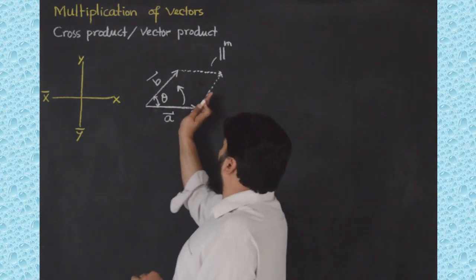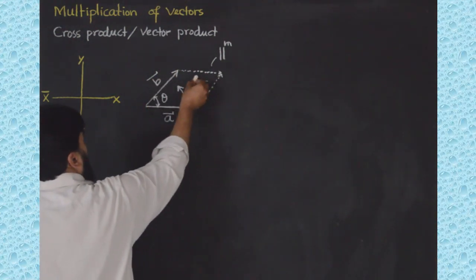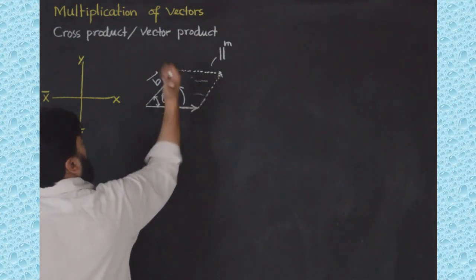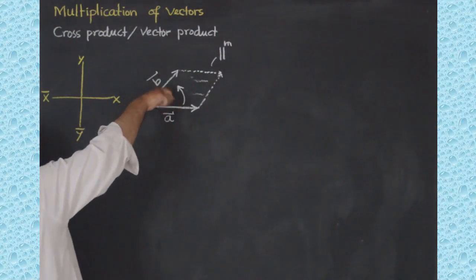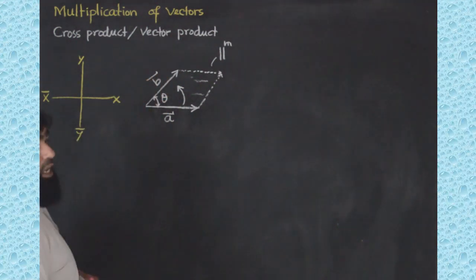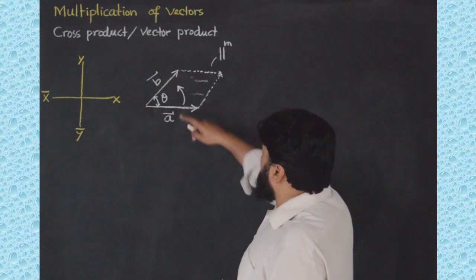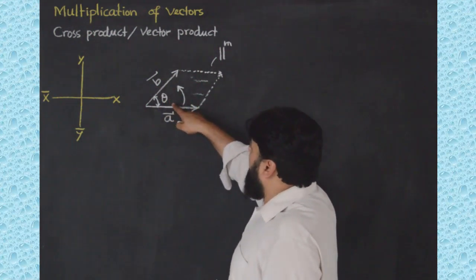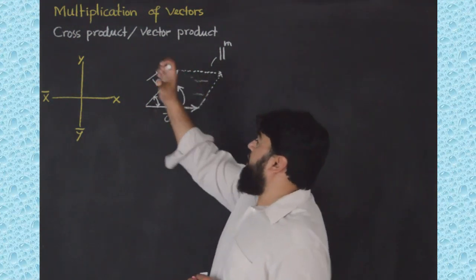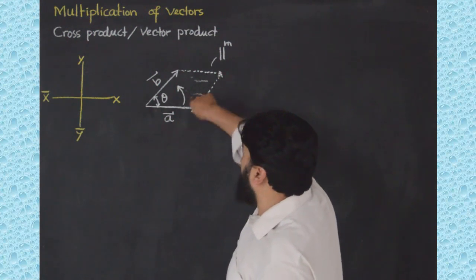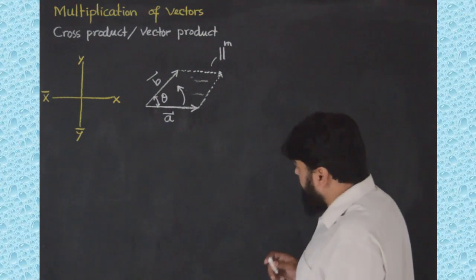Now when I rotate this one along this one, the area which is swept will have this direction, the thumb direction. And if I rotate this vector along this, then it will have the inner face of the board and it will be into the board. So the product of them comes out to be a vector quantity. The rotation this way gives this direction, while the rotation that way gives the inside of the board direction, into the board.